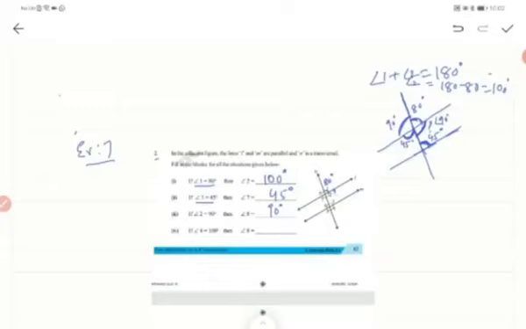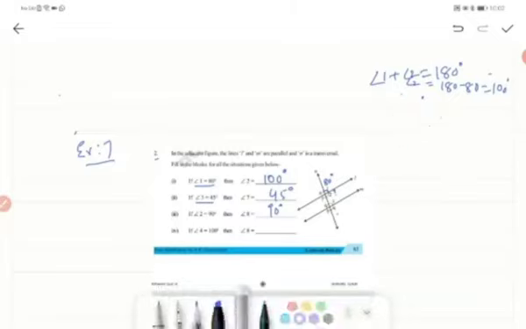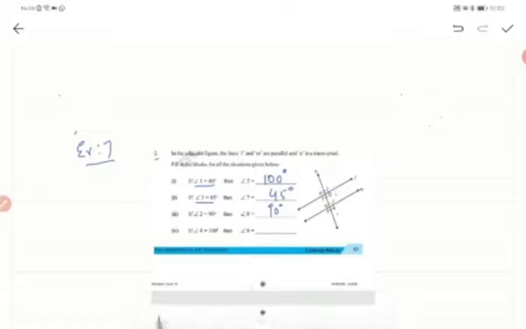Now the third blank: if angle 4 is 100 degrees, then what would be your angle 8?